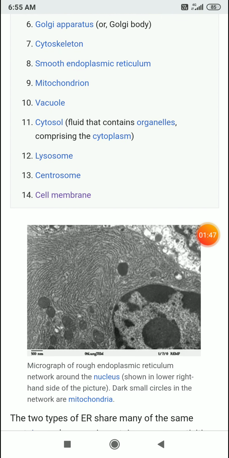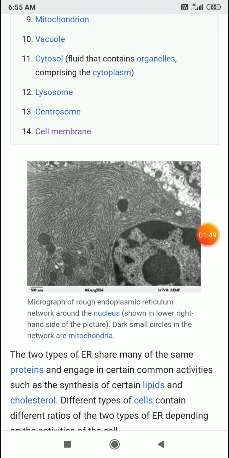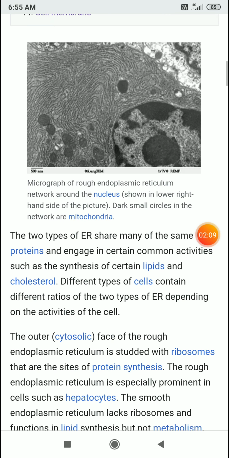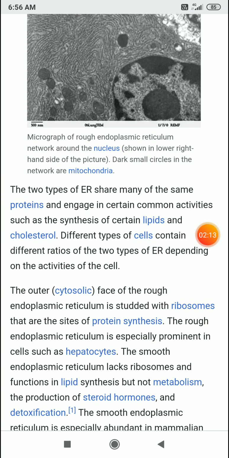We know what organelles are present there. This is a micrograph of the endoplasmic reticulum structure, showing how the endoplasmic reticulum is seen in the microscope.